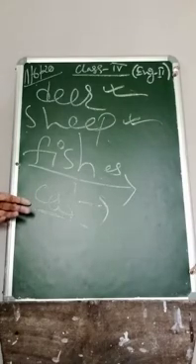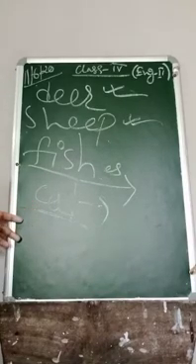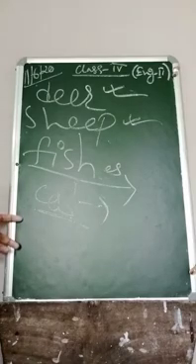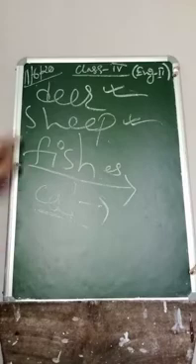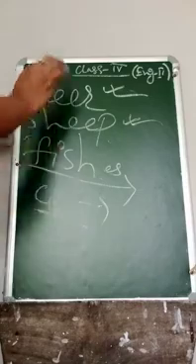Now go back to page 8. Here what we have to do is write the correct plural form of the nouns given in the bracket. So there are nouns given in the bracket, and we have to change them to the correct plural form.